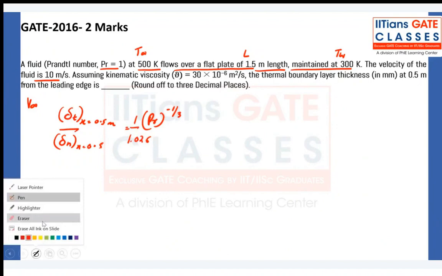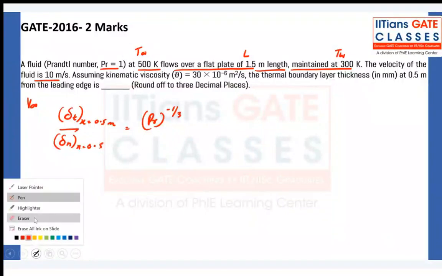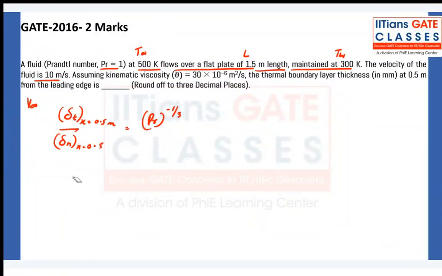But still, I would suggest that in numerical answer type, you take this value, because this is the exact equation. In objective type, they give you the options, so you can choose the closest option. But because it is numerical answer type, it's better that you get as close a value to the answer as possible. Okay.